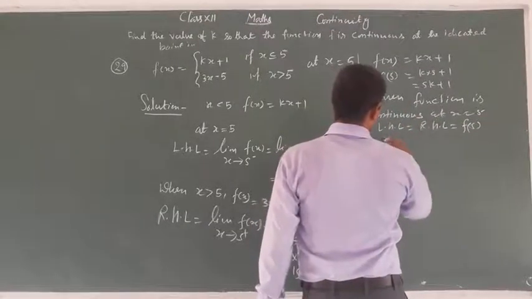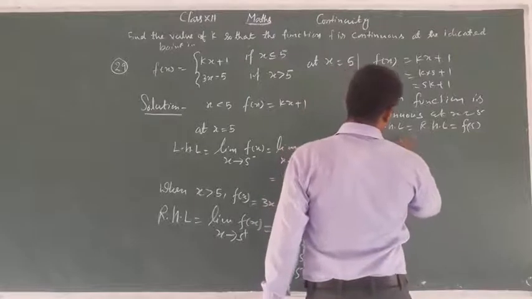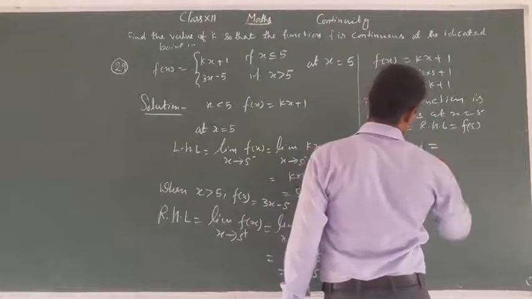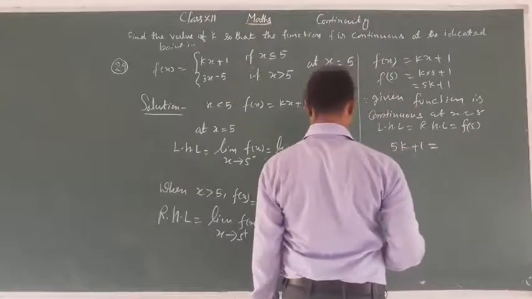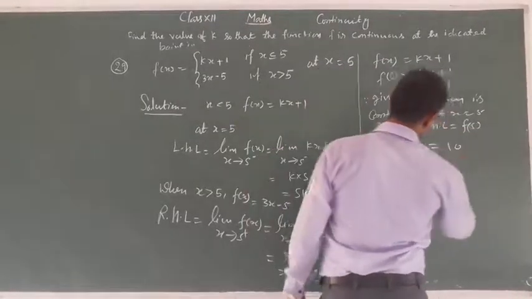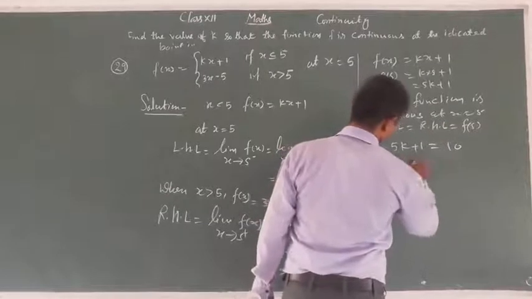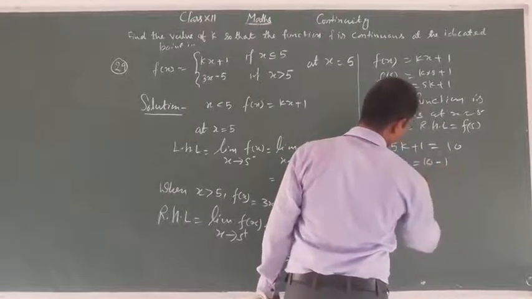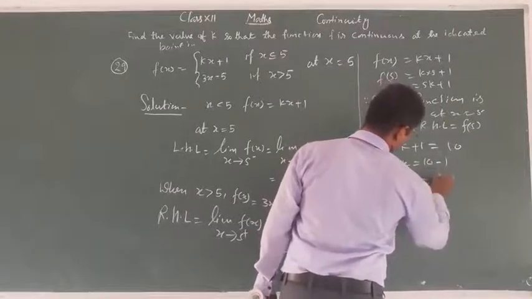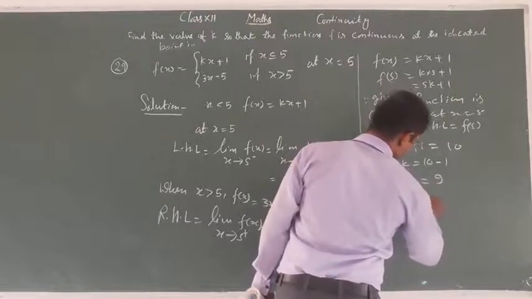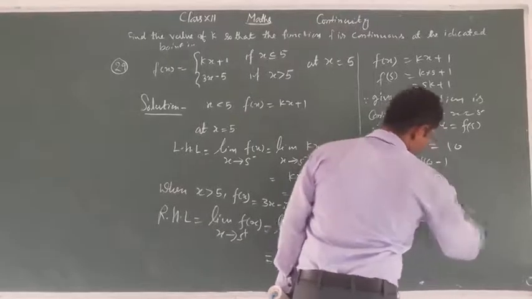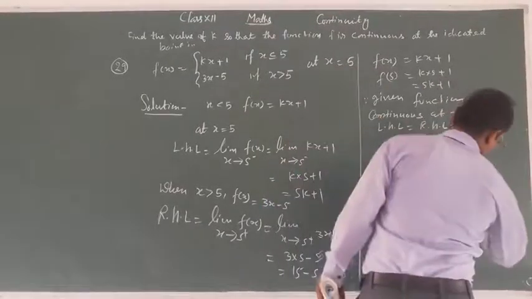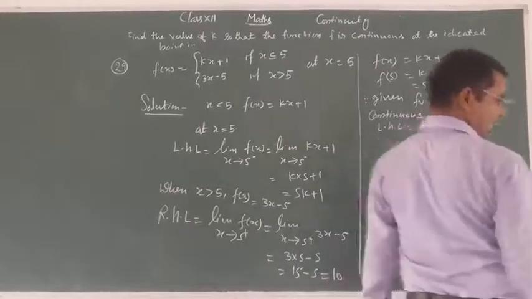So the left hand limit 5k plus 1 is equal to f(5), which is 10. So now put here 5k is equal to 10 minus 1. So 5k is equal to 9. So k is equal to 9 upon 5. This is the value of k. This is the answer.